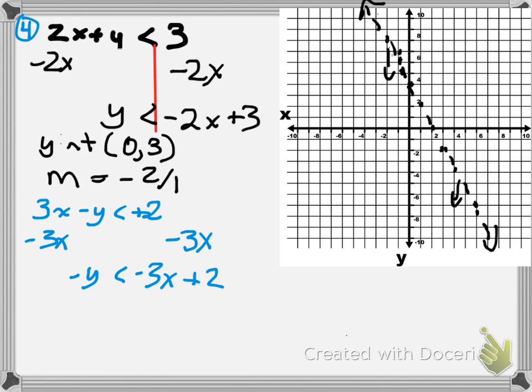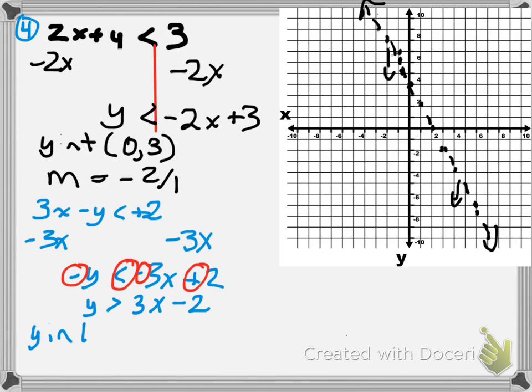Is this solved for y yet? No. We can't have a negative y. Because this is negative, we need to change every single one of these signs. So it's going to be y is greater than positive 3x minus 2.